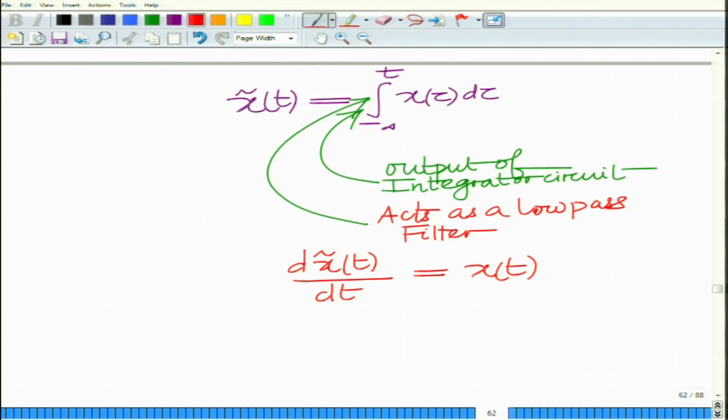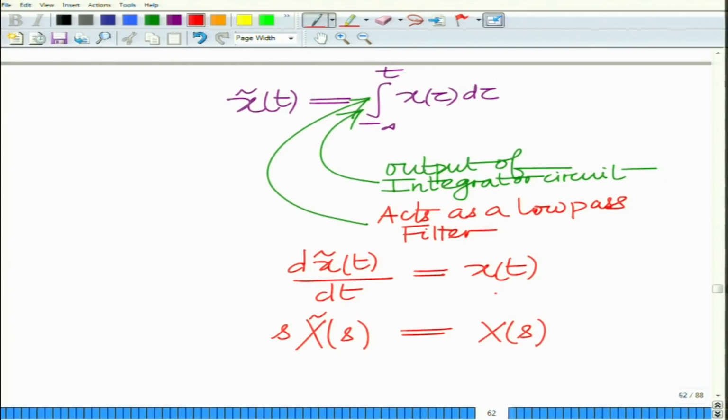And if x tilde(t) has a Laplace transform X tilde(s), then from the previous property, the derivative of x tilde(t) has Laplace transform s X tilde(s), which must be equal to the Laplace transform of x(t), that is X(s).